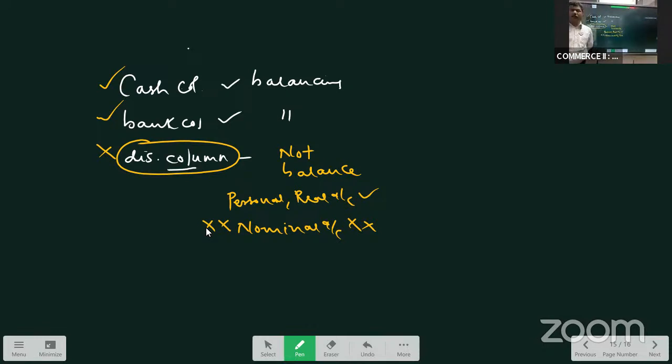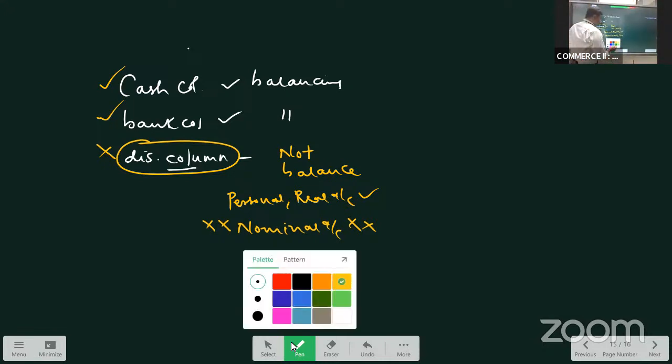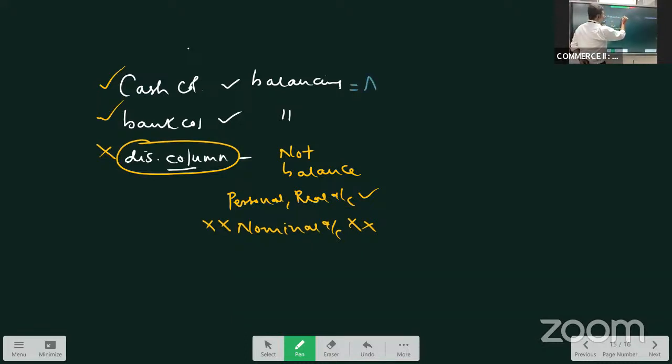Remember, cash column balancing is done. Answer is yes. Bank column balancing is done. Answer is yes. Discount column balancing is done. Answer is a big no. Then cash column will always show debit balance only.